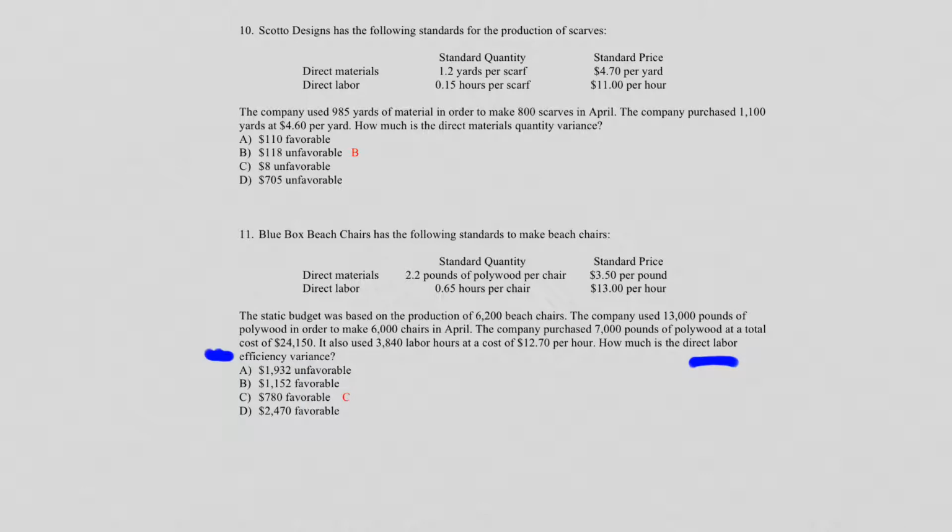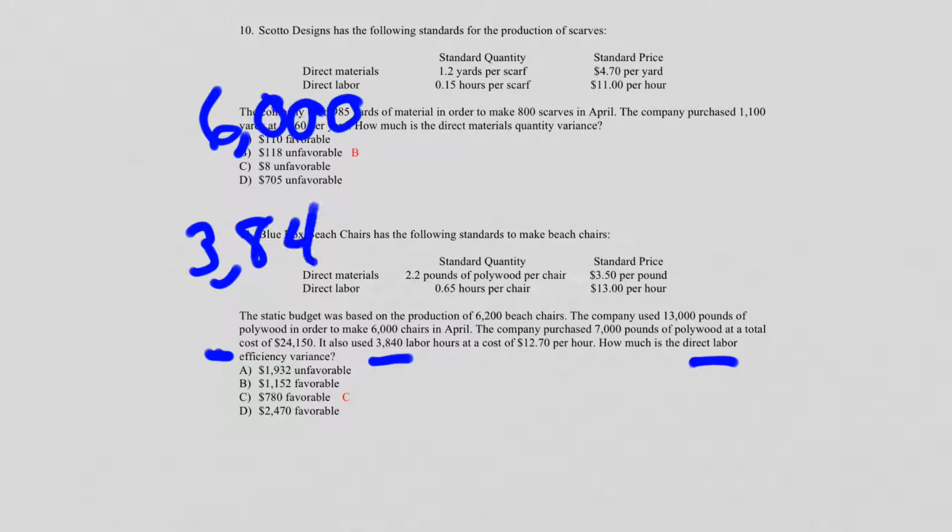But they made 6,000 chairs. That's how much they actually made. And how many hours did they actually use? So they tell you it was 3,840. So 3,840 will be our actual. Let's put an A there.